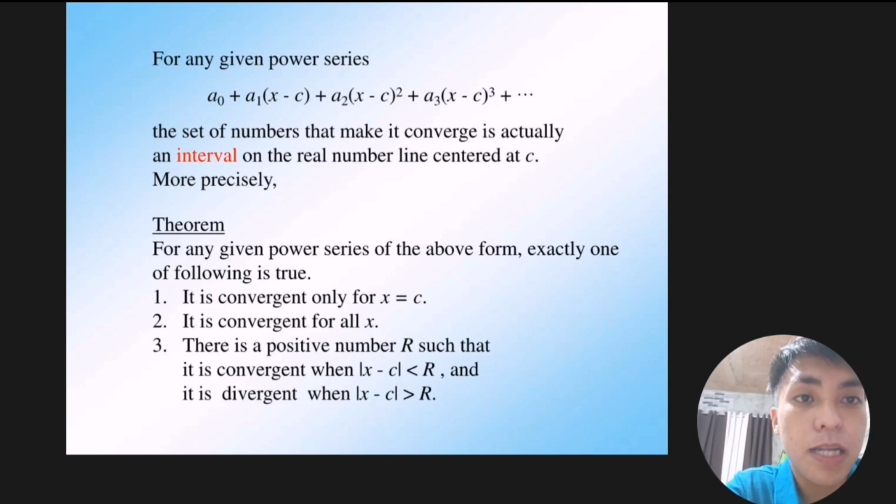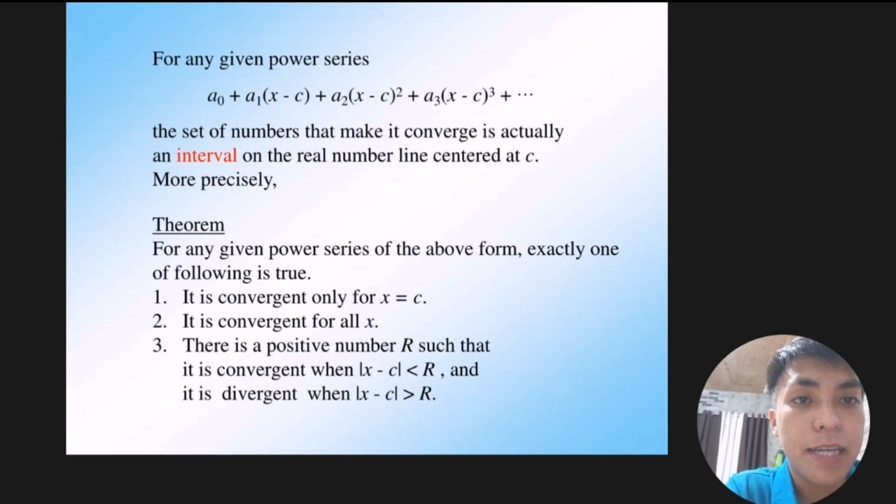To understand this, our basis is the theorem. For any given power series of the above form, exactly one of the following is true. First, it is convergent only for x equal to c. Second, it is convergent for all x.